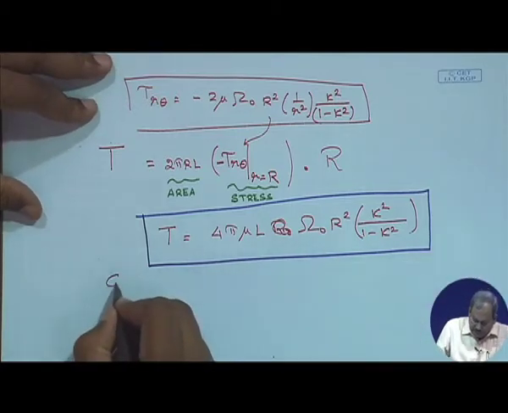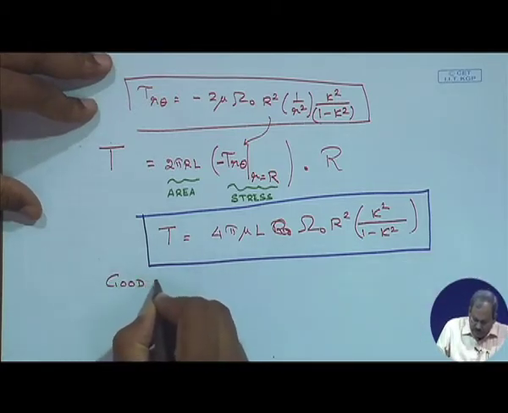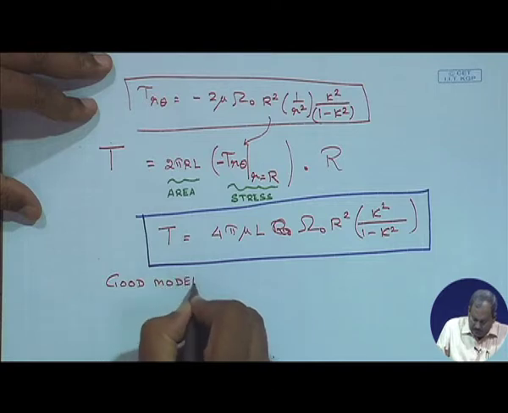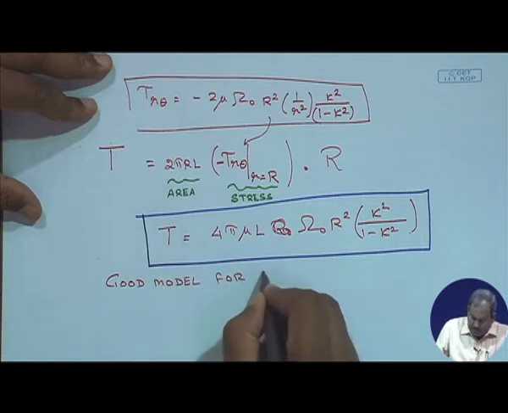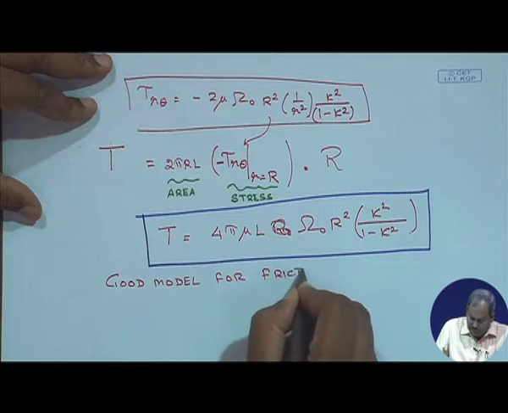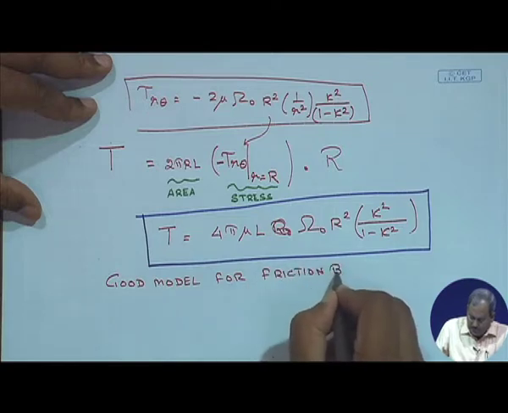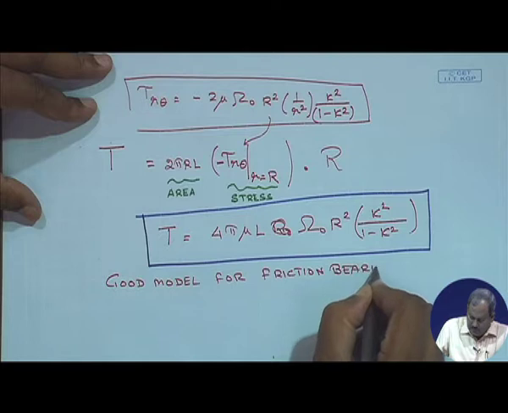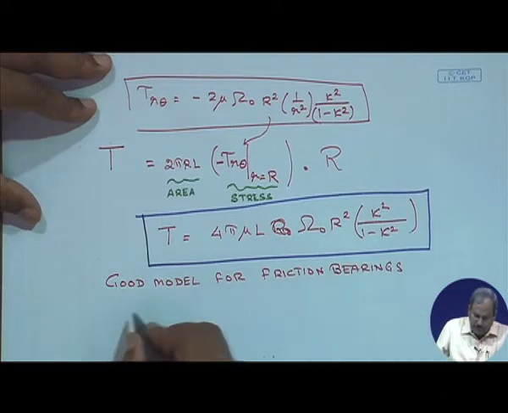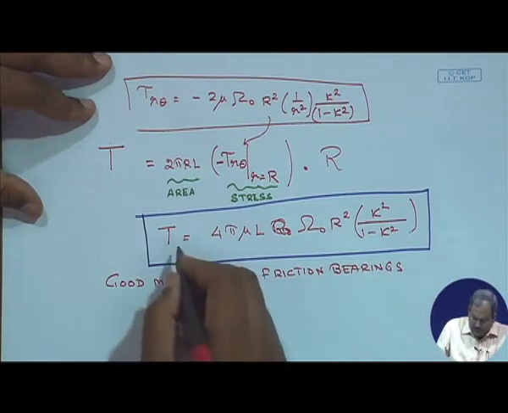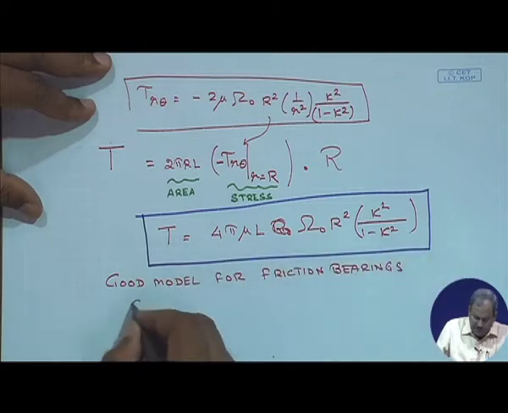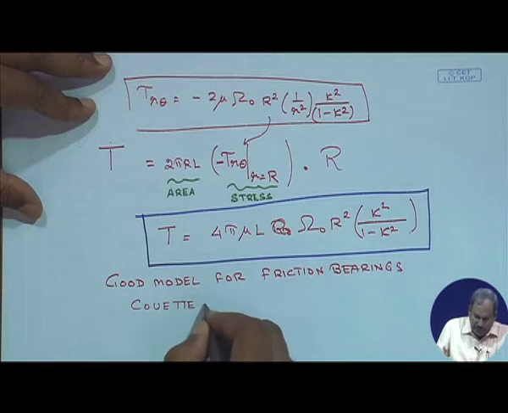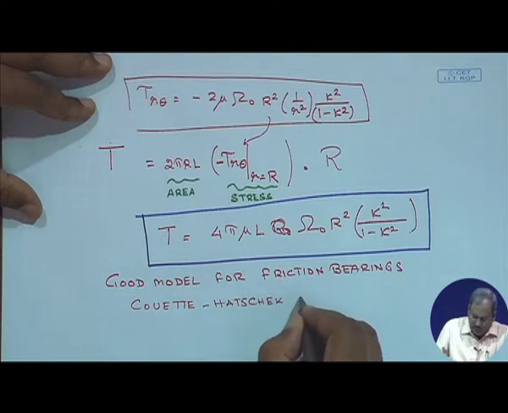This is a very good model for friction bearings, and the viscometers which are based on this expression or concept are known as Couette-Hatschek viscometer.